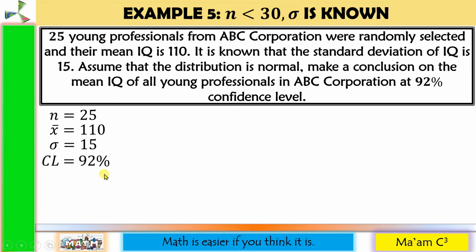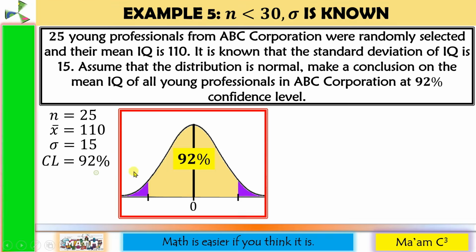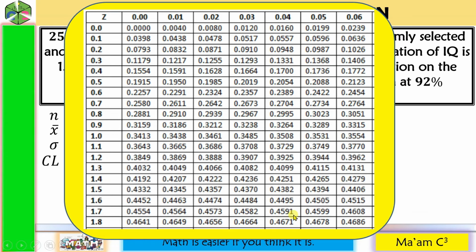But 92% is not one of the common levels of confidence. So I'm going to show you how we are going to get the critical value corresponding to 92%. So 92% or 0.92 in decimal when divided into 2 is 0.46 on each side from the mean. Let's have our z-table.